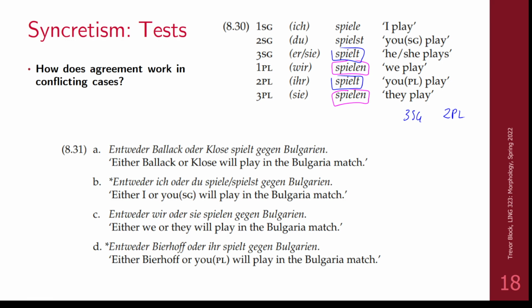Maybe it's the same pronunciation, but it's a different word category, or maybe it's the same pronunciation, but it doesn't agree, so it comes out ungrammatical. So if these are two different words, and they just happen to sound the same, then we can use coordination to test grammaticality. Because here's how this works. Let's think about this in English.